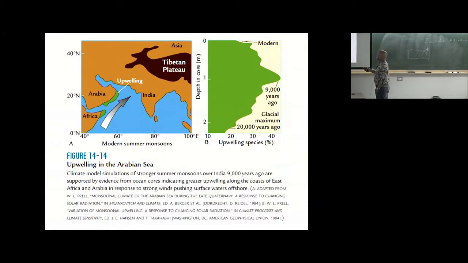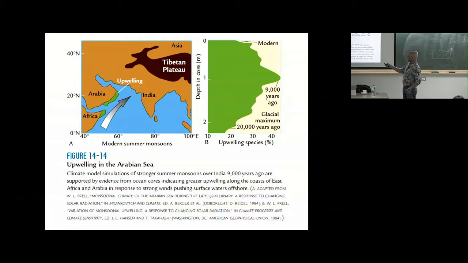So monsoon over India also, you can see 20,000 years ago, this is showing the depth of the core and the upwelling species here. Remember we said when this jet gets stronger, we had downwelling on this side and upwelling on that side. But the coastal upwelling is directly related to the strength of the winds.